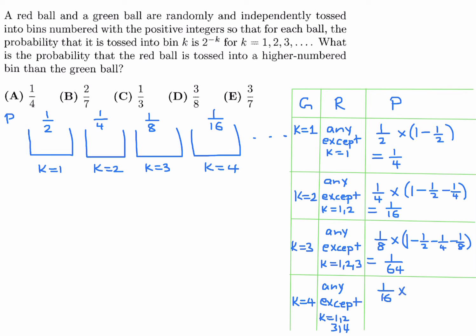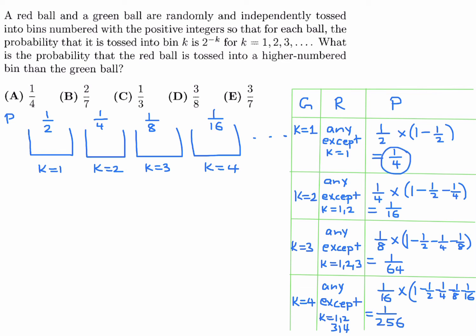And then again, we have to multiply by 1 minus a half minus a quarter minus 1/8 minus a 16th. And that is 1 over 16, this whole thing, when you do the math. So it's 1 over 16 times 1 over 16, which is 1 over 256. Okay, so I think you get the point here.